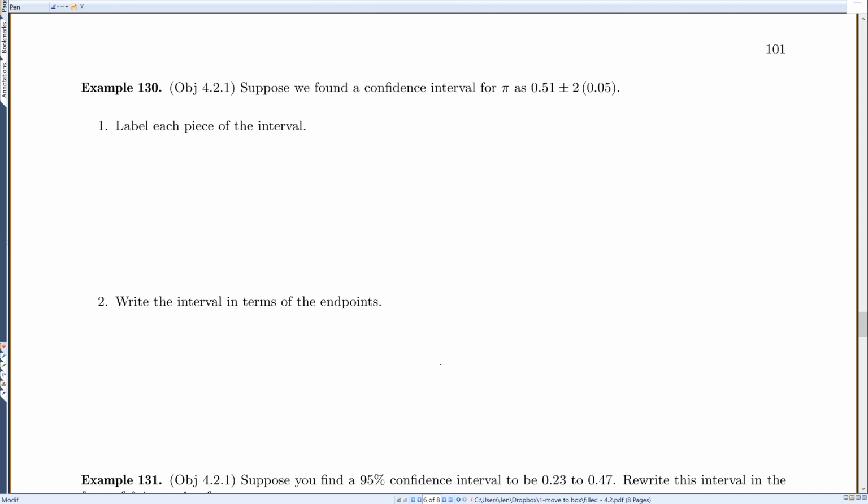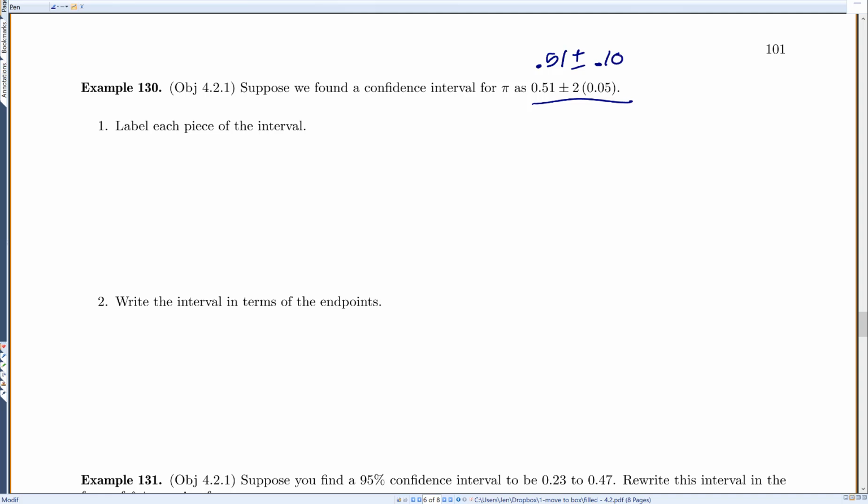Now, let's suppose that you found a confidence interval for your population proportion and someone told you that it was 0.51 plus or minus 2 times 0.05. This isn't super common to see written like this, but it is very common to see it written as 0.51 plus or minus 2 times 0.05, which is 0.10.